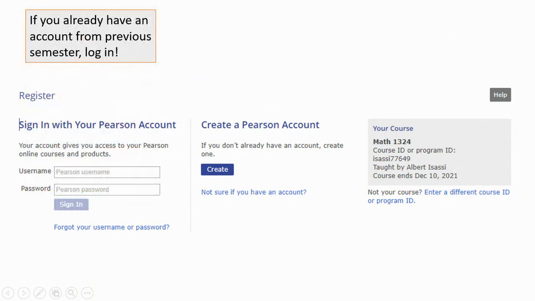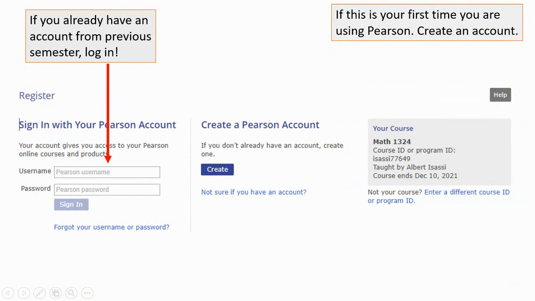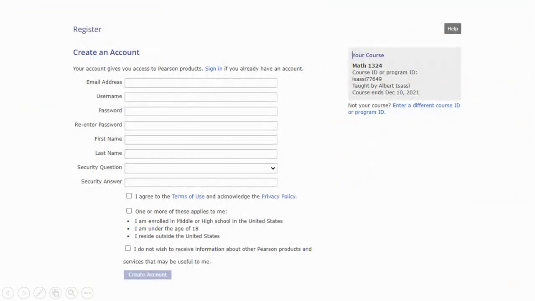Now, if you already have an account, you're going to go in here. But if you're going to create one, you're going to click on create. Again, if this is your first time using Pearson, you're going to create an account. Once you click on create, this is where it takes you. Now, all these fields are required: your email address, and I prefer you use your EPCC email address.